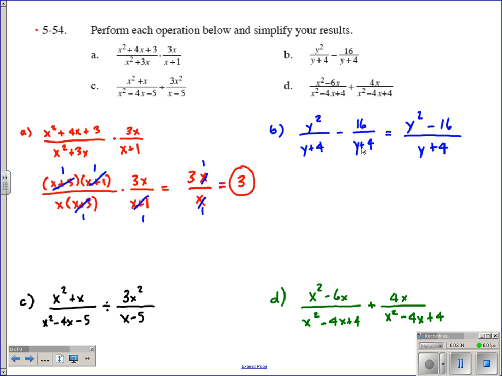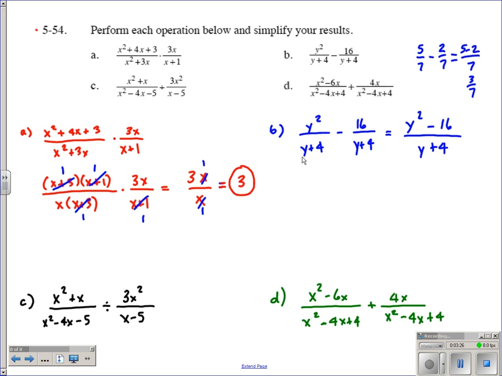Remember, there is only one y plus 4. This is the same thing as saying 5/7 minus 2/7. That's the same as 5 minus 2 all over 7, which gives us 3/7.